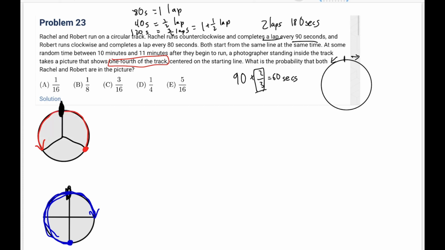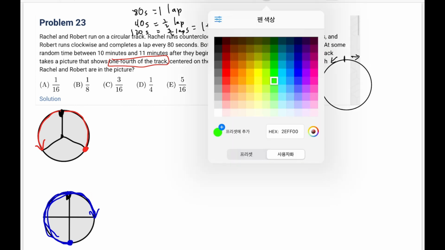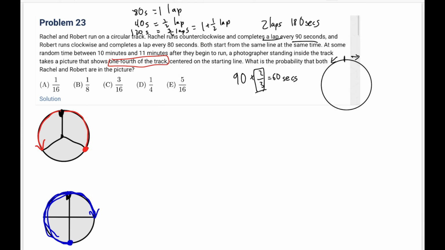Right, okay, so the center is here, and since it's centered on the starting line and it's 1/4 of the track, it would probably be taking this much of the picture, so in this region, right? And so here too, like this, in this region.